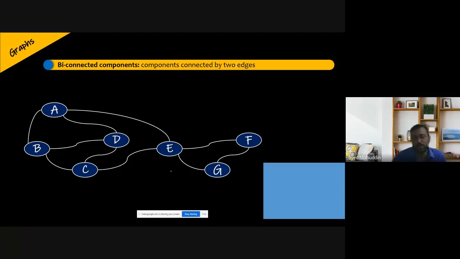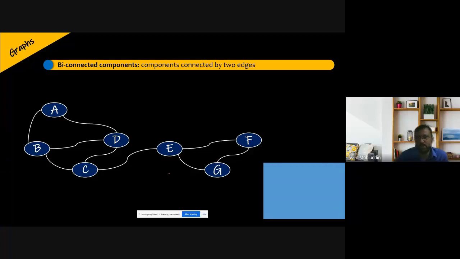But now here we have an edge between C to E as well as from A to E. If I remove this edge, we don't get connected components because there is still an edge between A to E, and from this edge we will be able to reach all the vertices on the left component or the right component. As well, if we remove the A to E edge, we have an edge between C to E. So all the vertices are connected.